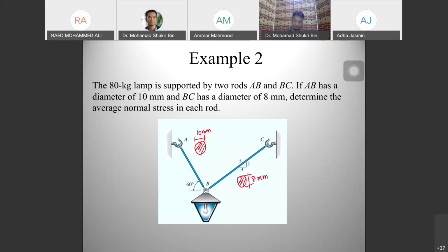For a cable, you have a round shape of cross section. So the force is this way, force in this way. So the area is perpendicular to the force, so you should measure the area for the cross section of the cable.